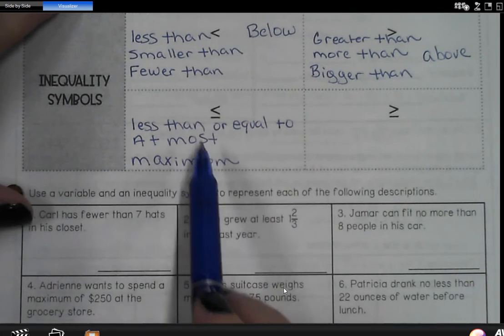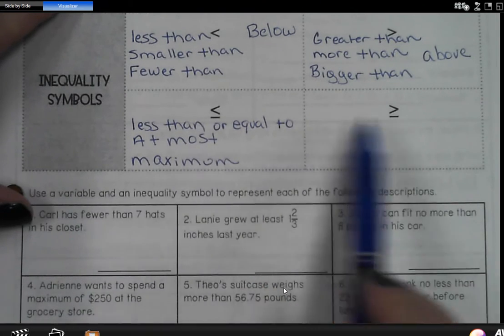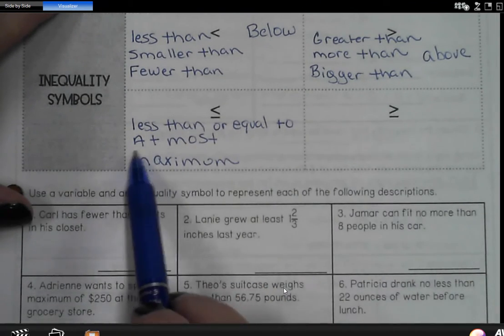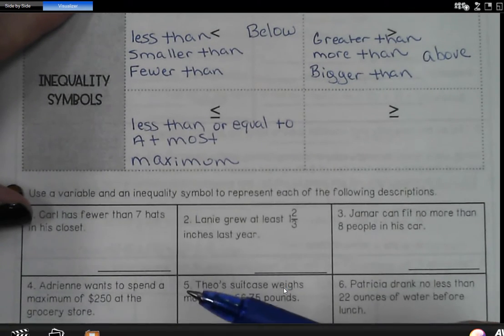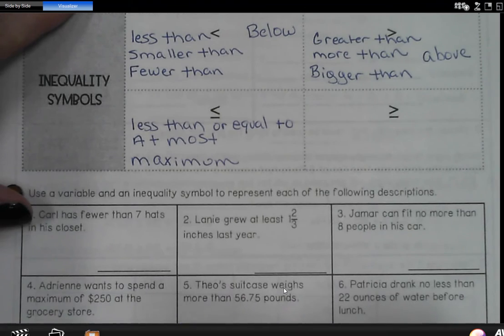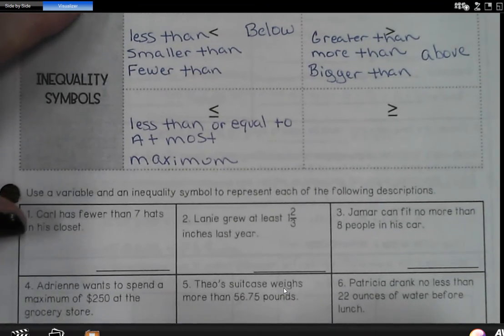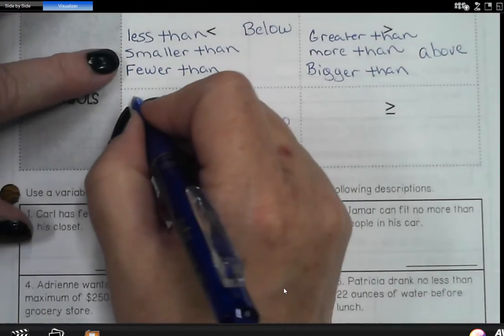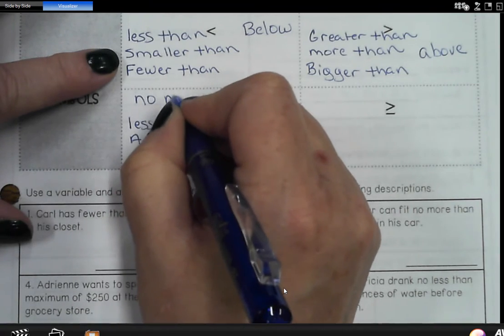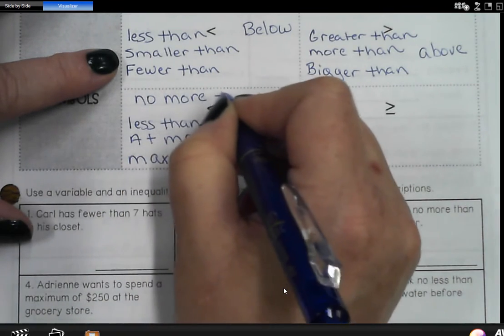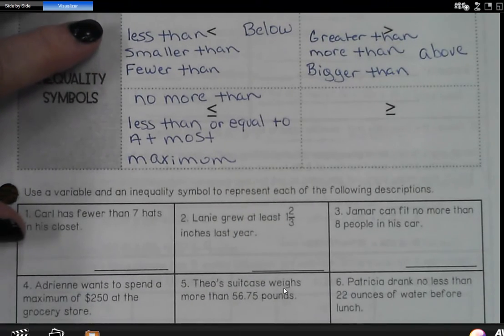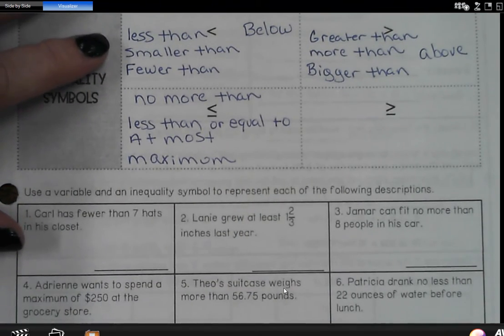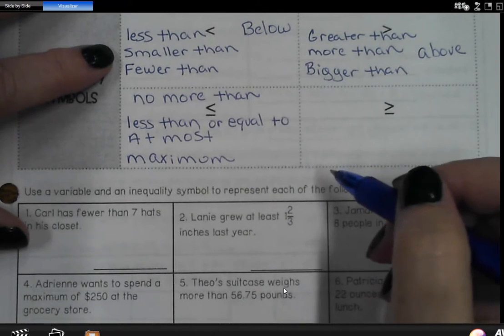So these two kind of make it sound like they should be under the greater than, but when you add that word at, try and write it in a sentence and see if it works. And then there's no more than. I have no more than $10. Do I have more than $10? No, I have less than $10.